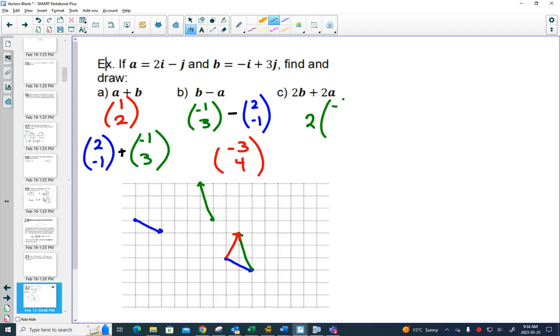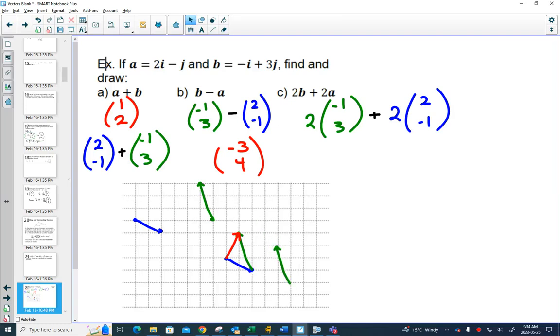So I'm going to write 2 times B plus 2 times A. If I wanted to draw that out, I would say, okay, here's one B, here's another B, then I have one A connected to that, and then another A connected to that, and then I need to figure out this.